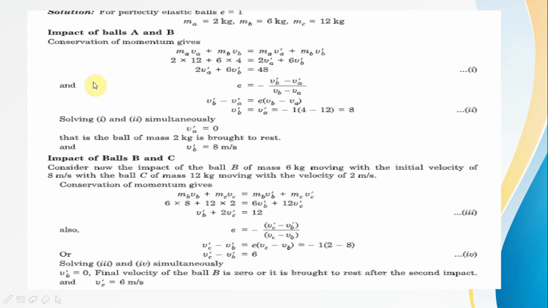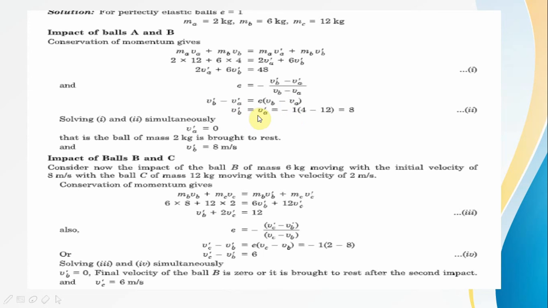And again we know the coefficient of restitution is equal to minus of (VB dash minus VA dash) upon (VB minus VA). So VB dash minus VA dash will be equal to E into (VB minus VA), right? This is wrongly printed; this is VB dash minus VA dash. So we put E equal to 1, VB equal to 4, and VA equal to 12.